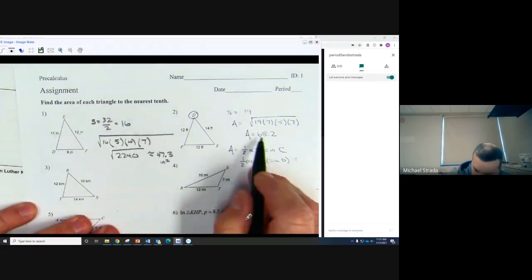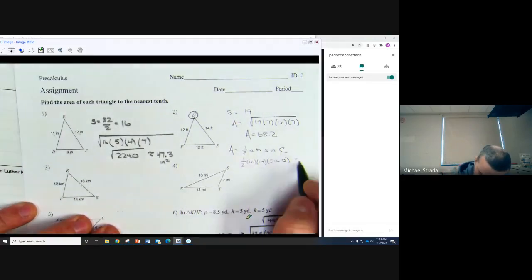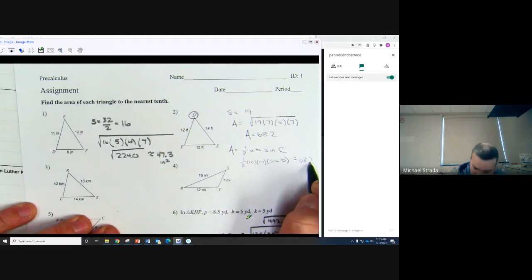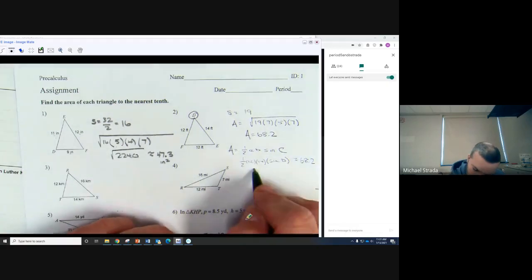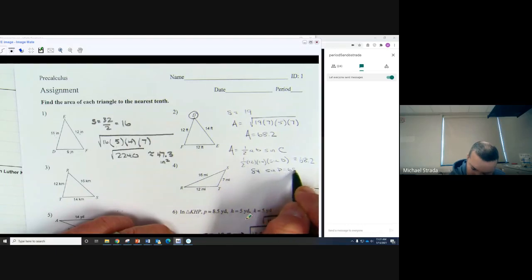So you can take the area using Heron's formula and set it equal to the area doing the other way. Half of 12 is 6. 6 times 14 is 84. 84 sine D equals 68.2.